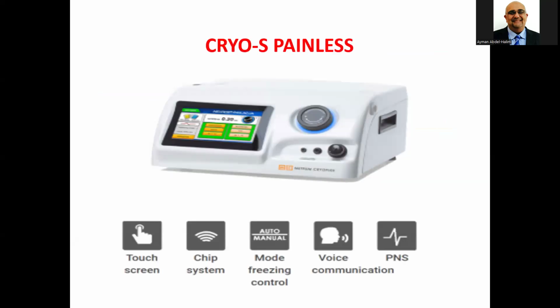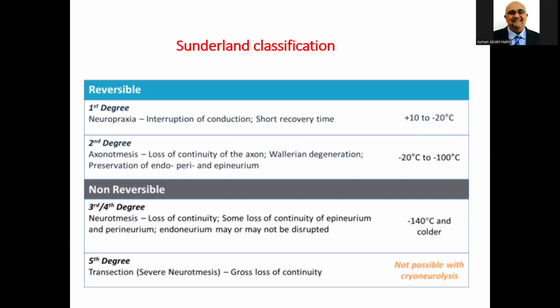Again, this is the machine for the cryo. And I again want to tell you about the Sunderland. With the cryo, we usually do the first or second degree only lesions, so it becomes reversible sort of.